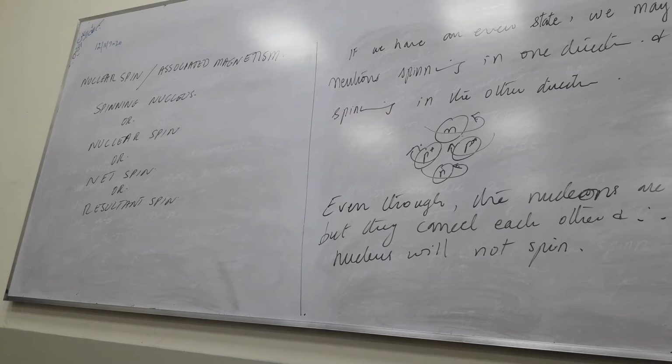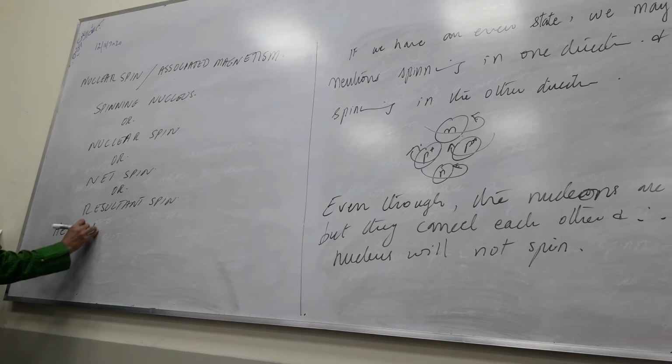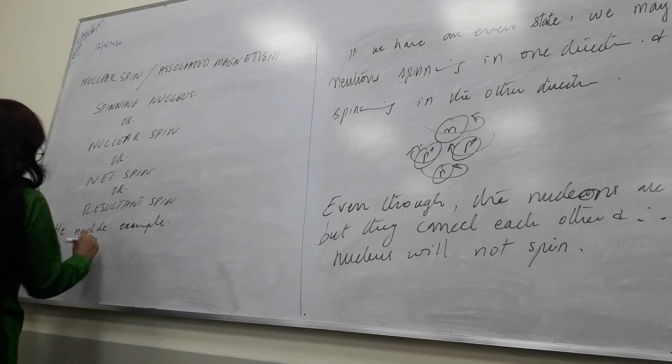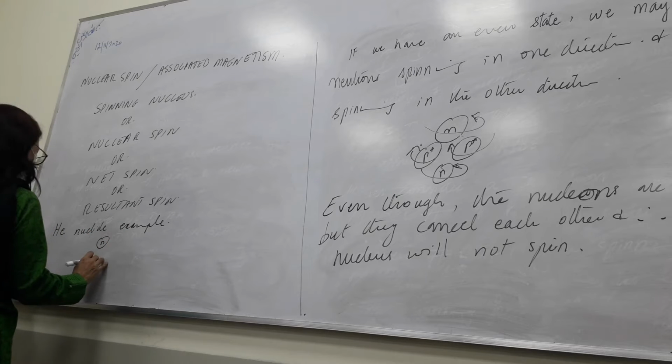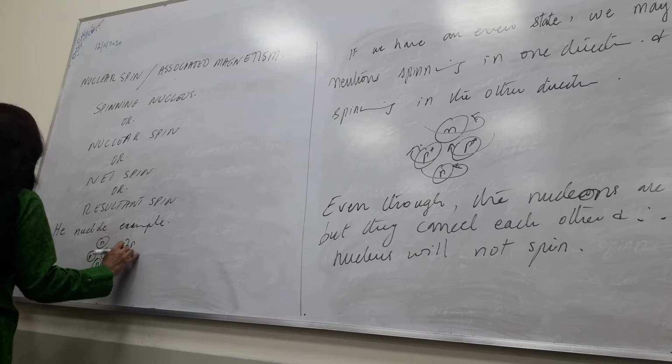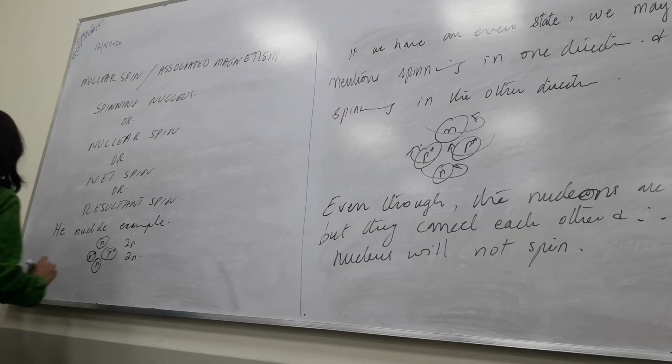So let us consider a helium nuclide. Okay, let us consider the example of helium. In this case, we know that we have 2 neutrons and we have 2 protons. So we have 2p and we have 2n.